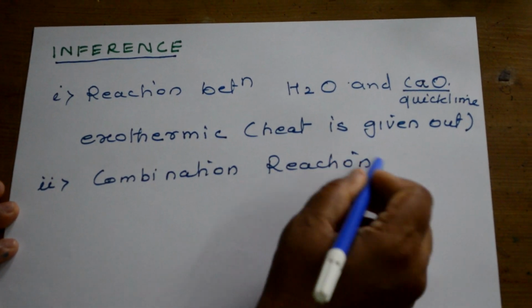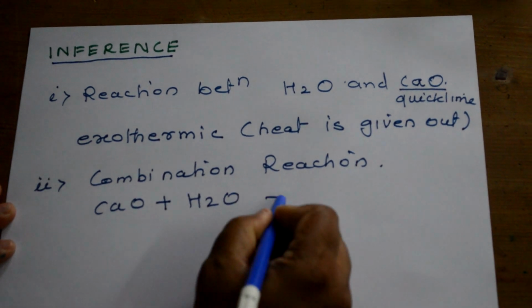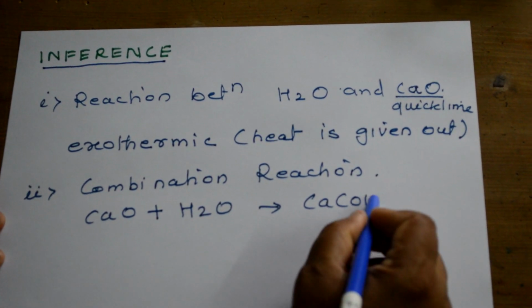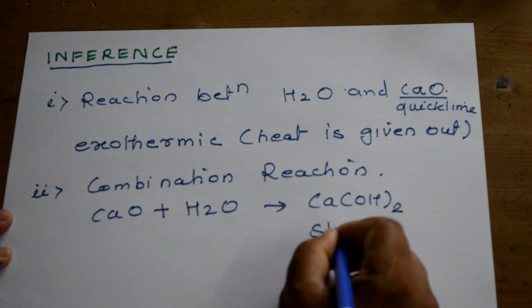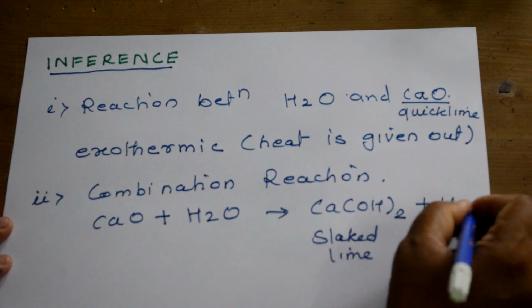We saw in the chemical equation, calcium oxide combined with water and formed calcium hydroxide, which is also known as slaked lime, plus heat.